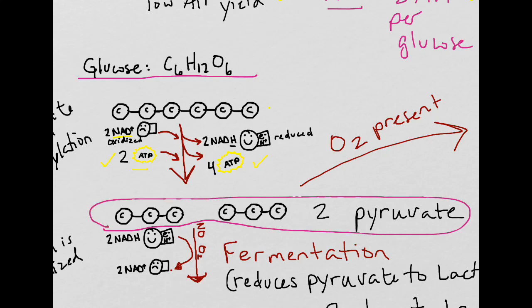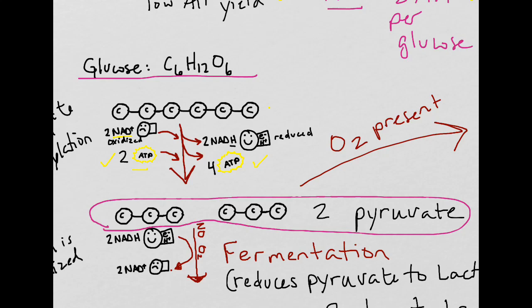And pyruvate is a 3-carbon molecule. So you got 2 of them. Basically, you just snipped glucose in half through a multi-step process. All right, and that is the end of glycolysis.